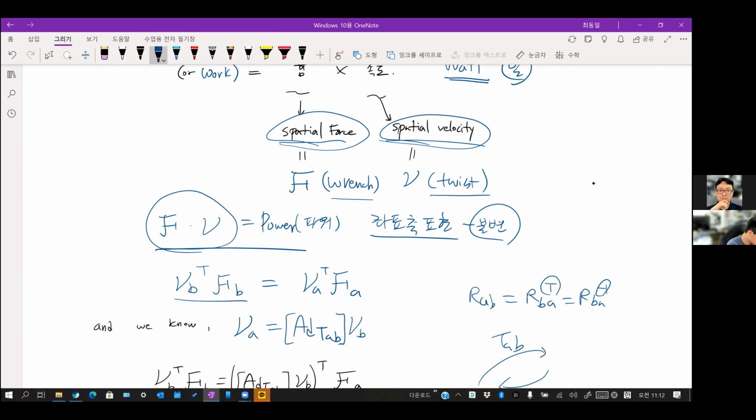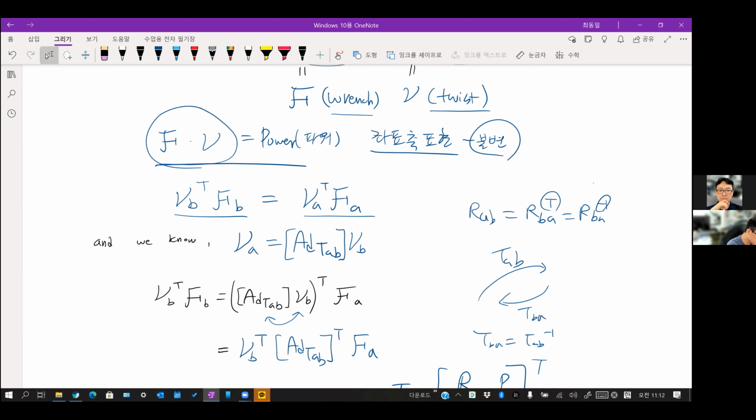So this value in the B frame and this value in the A frame are equal. And because the twist has the relationship using the large adjoint, using this concept, we can input this value for twist A, and this one becomes like this.